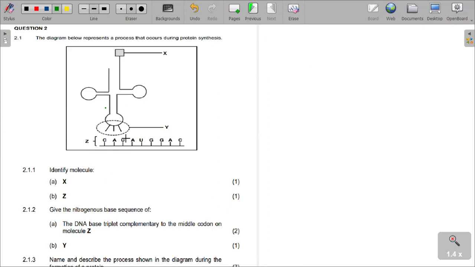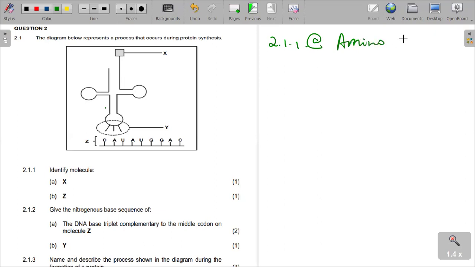Identify molecules. Identify molecule X. Molecule X is an amino acid that is being attached to tRNA. So for question 2.1.1a, we are saying molecule X is amino acid.